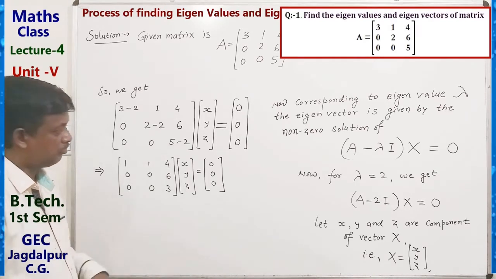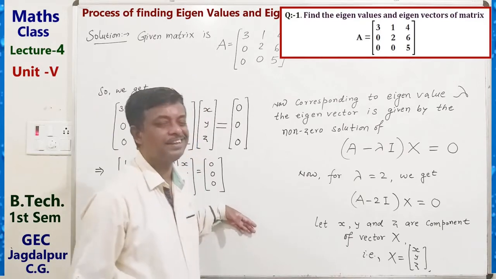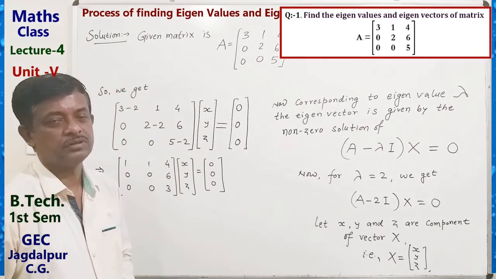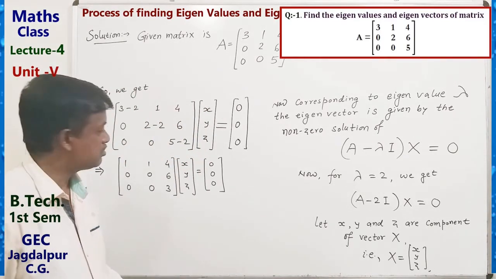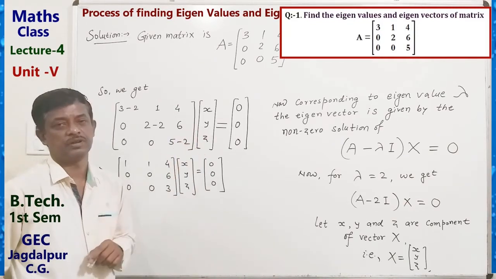But for solving this system and getting eigenvectors, it will be very easy to use the cross multiplication method.